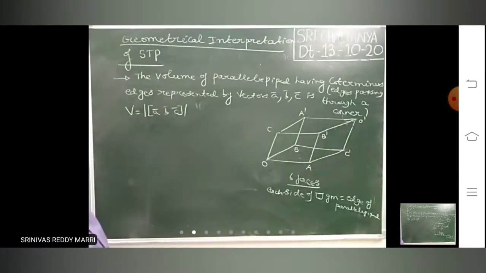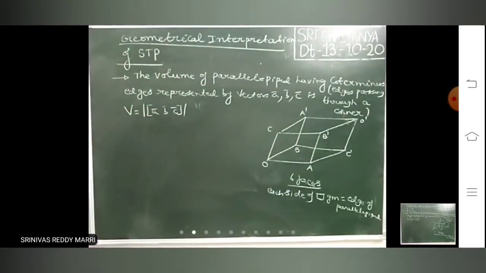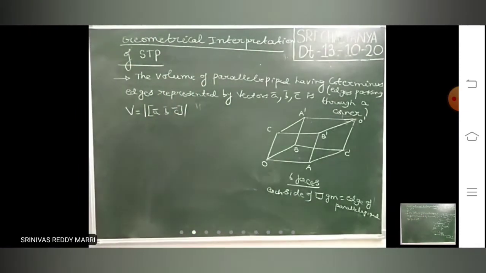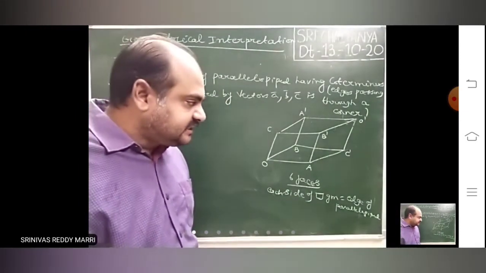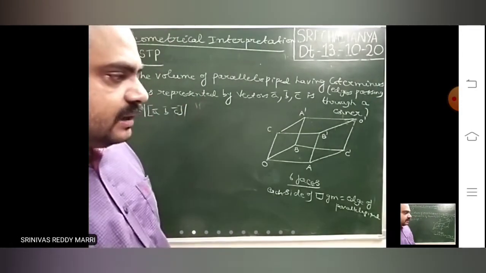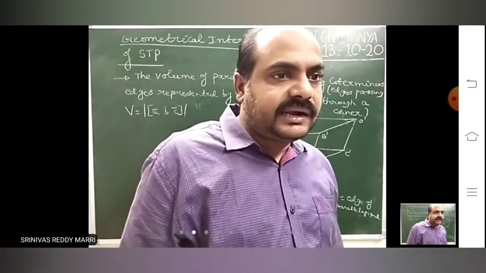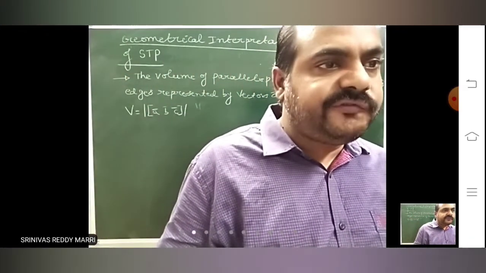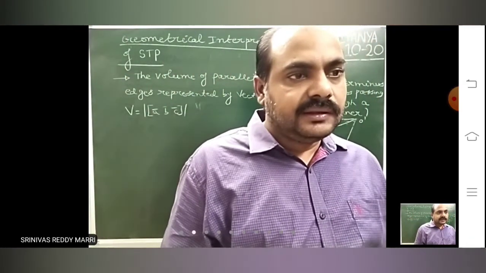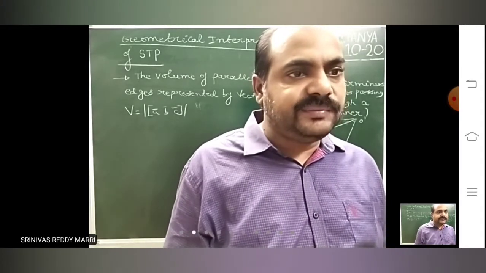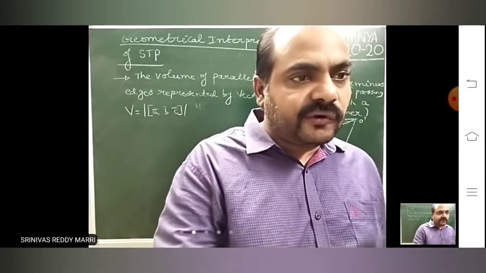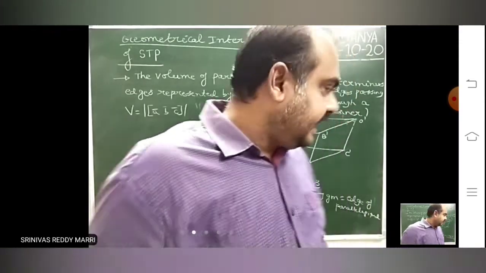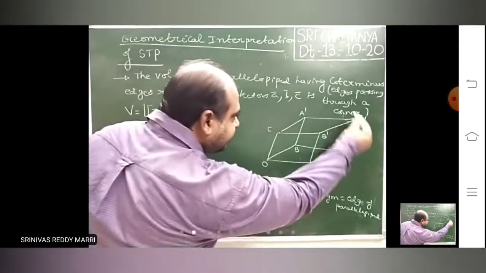Each face has sides, and each side is called an edge. For the ground face, 4 edges will be there, that means the sides of that parallelogram. So there will be 4 edges for each face. Those are called edges. Now look at the vertices.